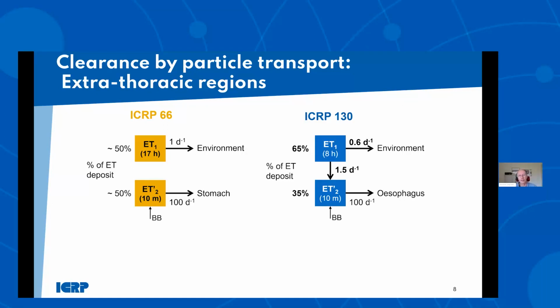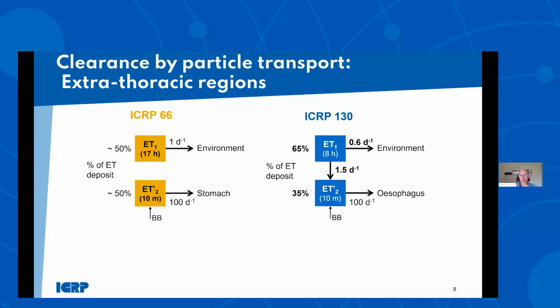the changes in the different regions, starting with the extrathoracic region. I said there are no major changes in how we calculate the deposition, so the total deposit in the extrathoracic region is the same as before. It still depends mainly on the particle size of the inhaled aerosol. There is a change in the particle transport.